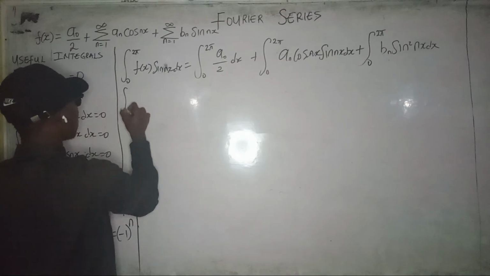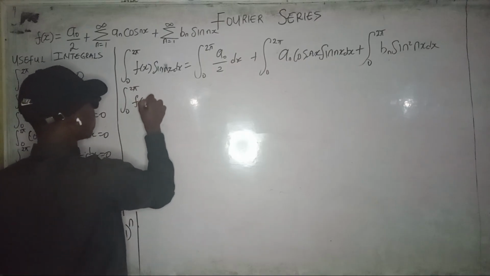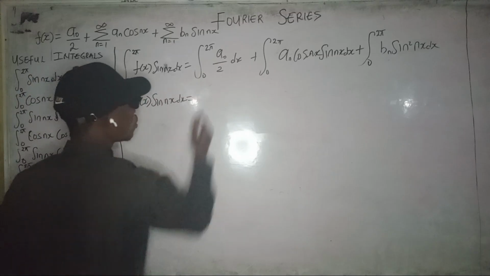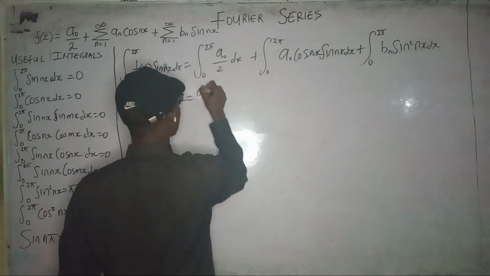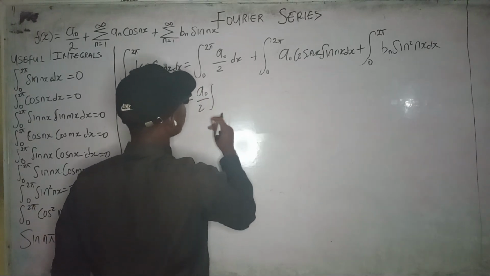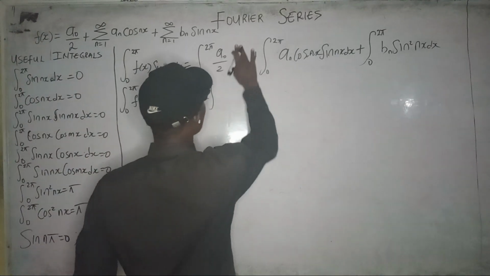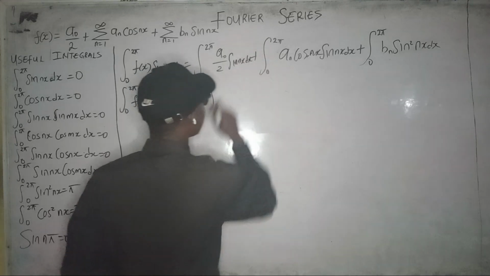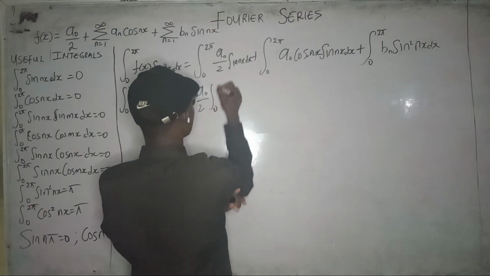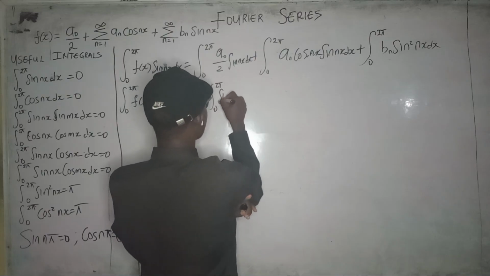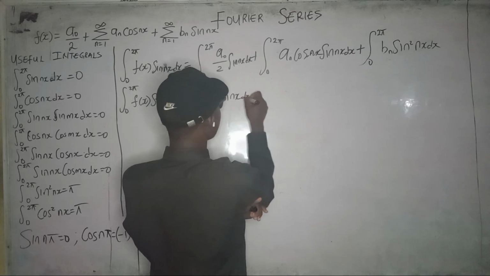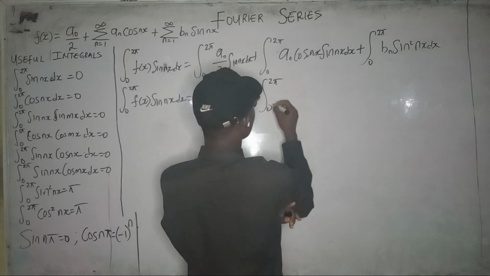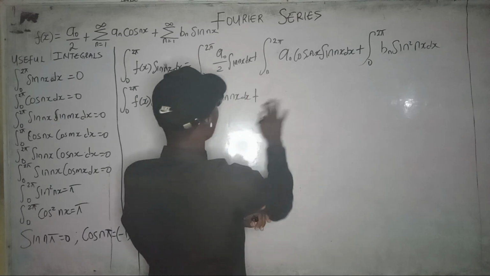This is going to give us the integral from 0 to 2 pi of f of x sine nx dx is equal to, bring the coefficient out for now, we have a naught over 2, the integral of, now let's not forget our sine nx, we forgot to put our sine nx dx in this place. So we have our integral of 0 to 2 pi of sine nx dx plus the integral from 0 to 2 pi, our question has to come out, which is an.